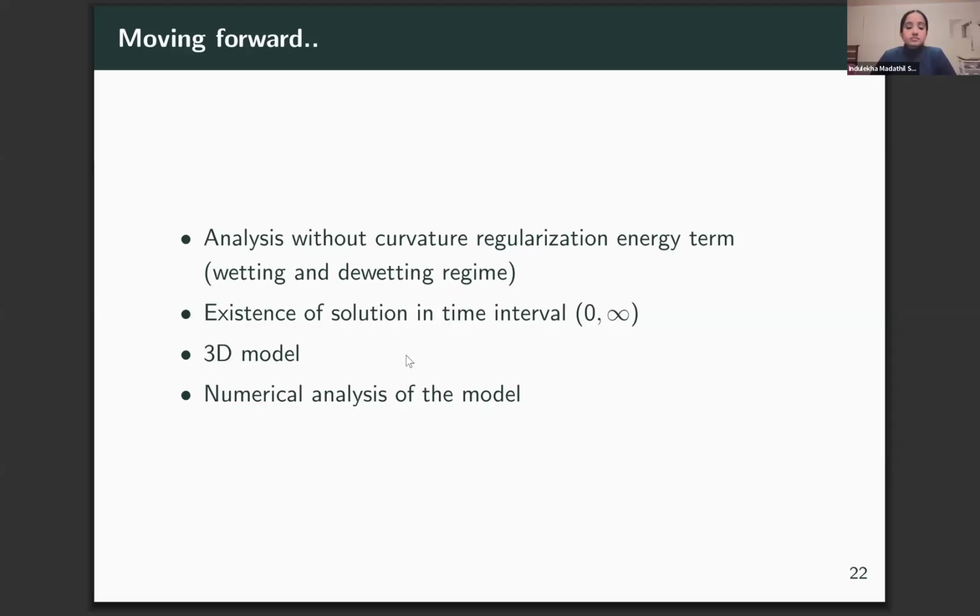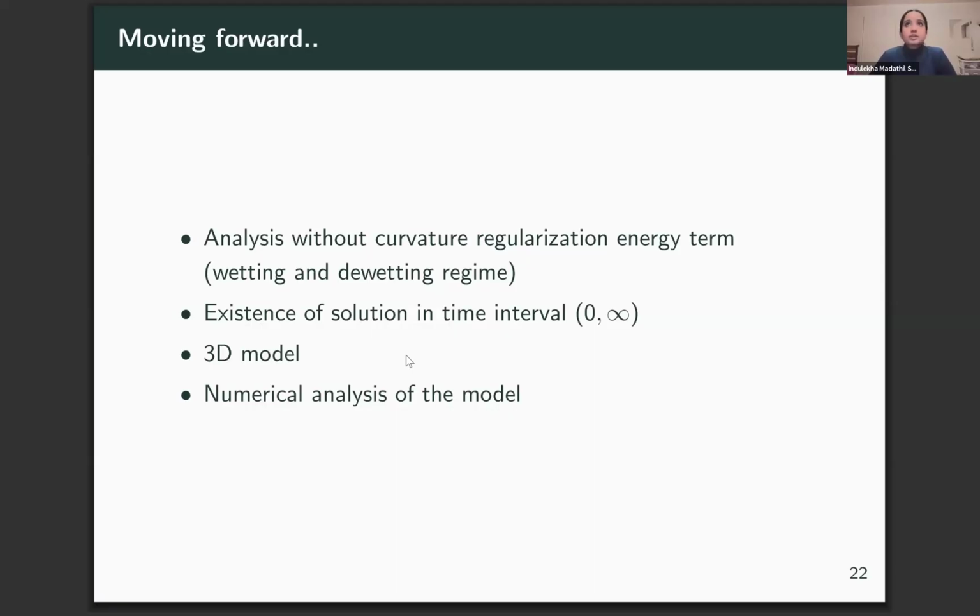And of course, we have been working only on a two-dimensional model on the cross-section of islands. The three-dimensional models could be harder to analyze because the corners or the curvature terms, like deciding on what curvature to look at, can be complicated.